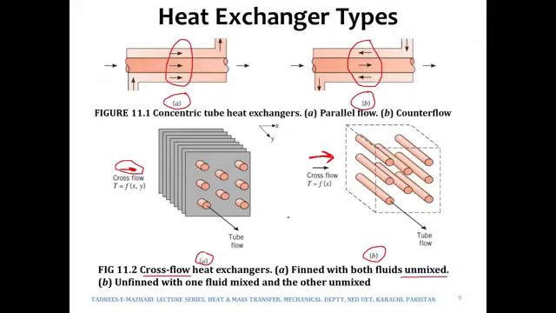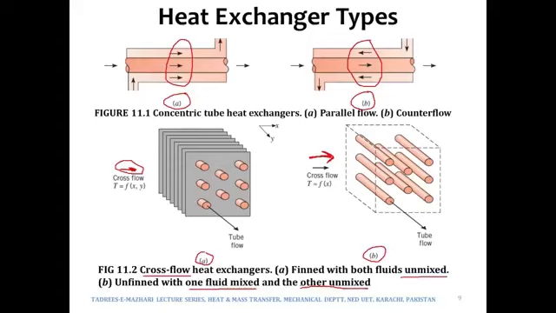So it will try to flow in this particular direction, but after a certain distance, it will not be able to keep its flow solely in this direction. So its direction will be along the x-axis, and a certain amount of it will start moving in other directions. So that is why we would call it the cross flow heat exchanger with one fluid mixed and the other fluid unmixed.